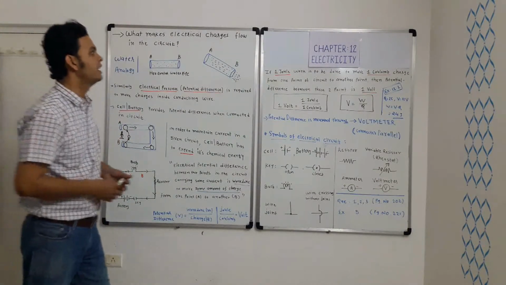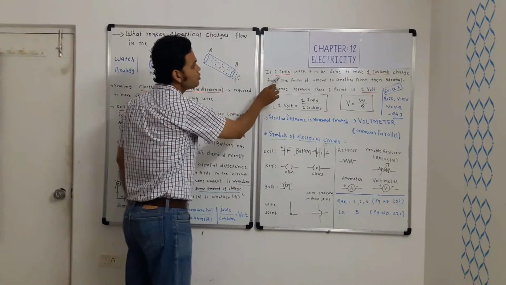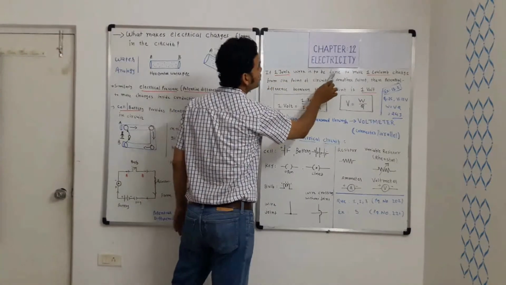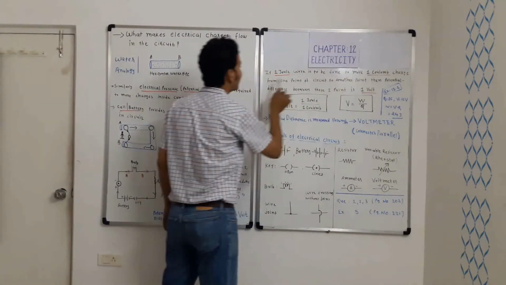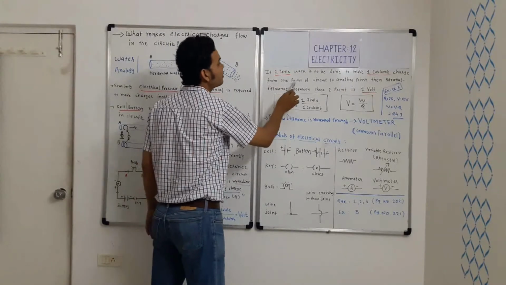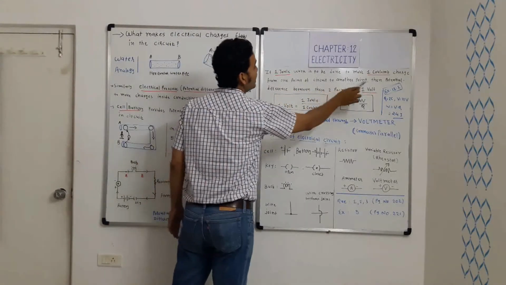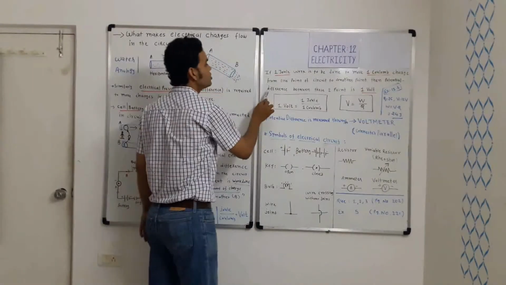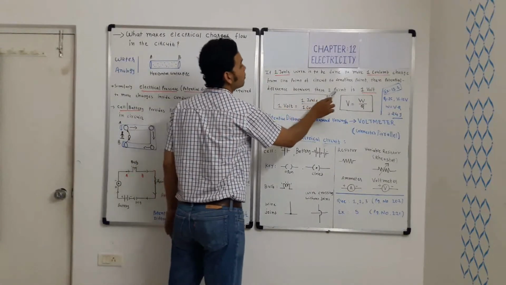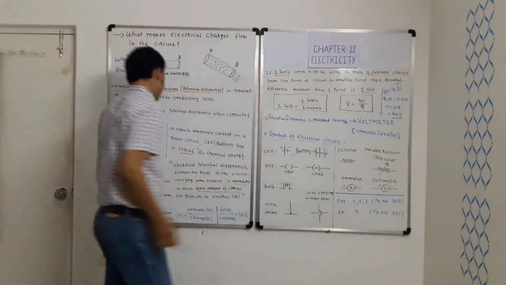So let us define. If 1 joule of work is to be done to move 1 coulomb of charge from one point of a circuit to another point, then the electrical potential difference between these 2 points is 1 volt.